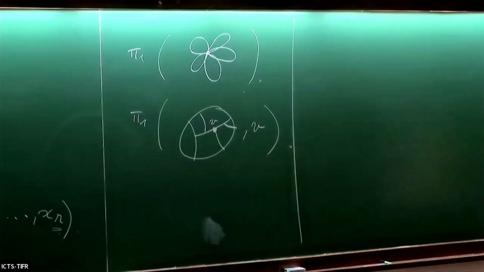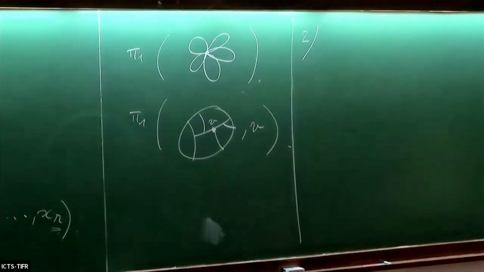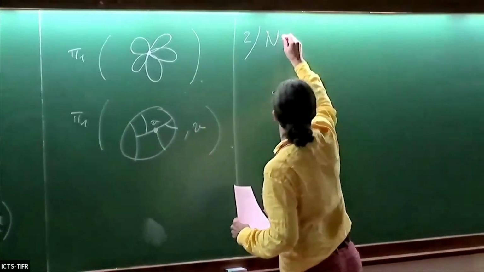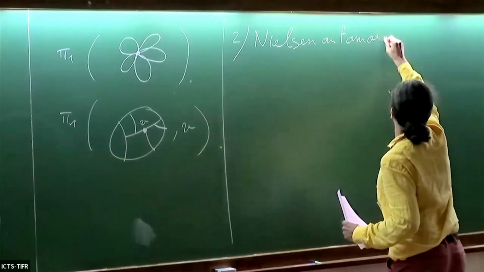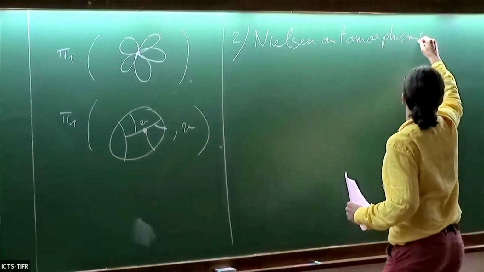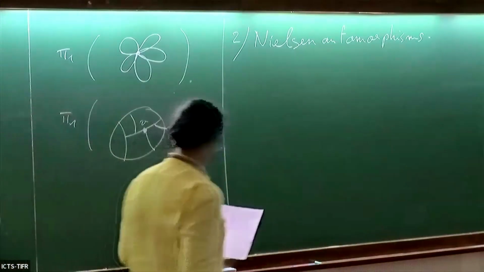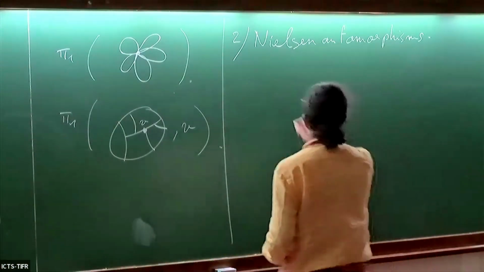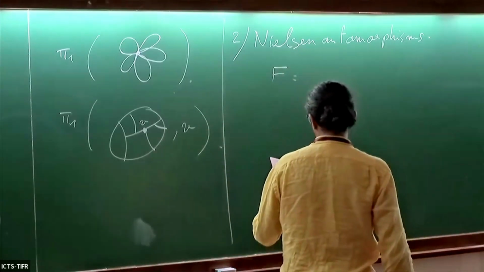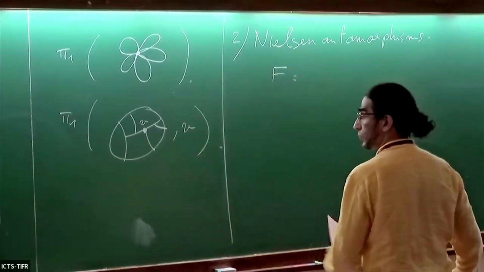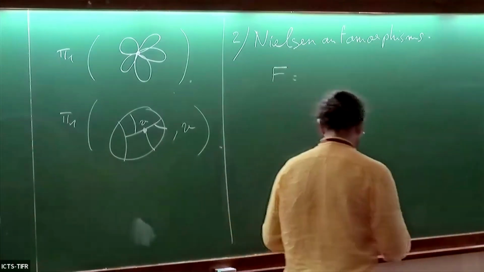Now, automorphisms of free groups. So already we are moving to part 2. And I want to just introduce Nielsen automorphisms. So F will be a finitely generated free group, so for instance, on R generators.